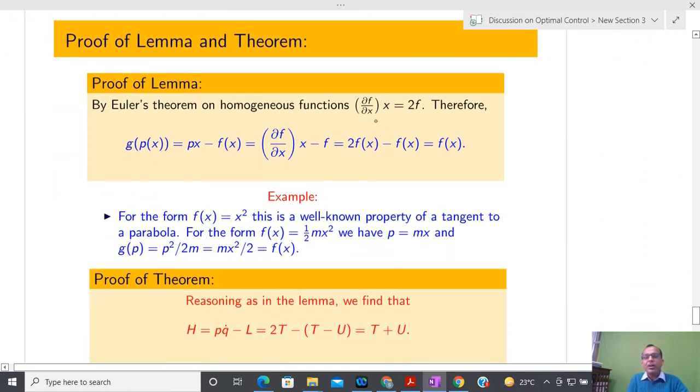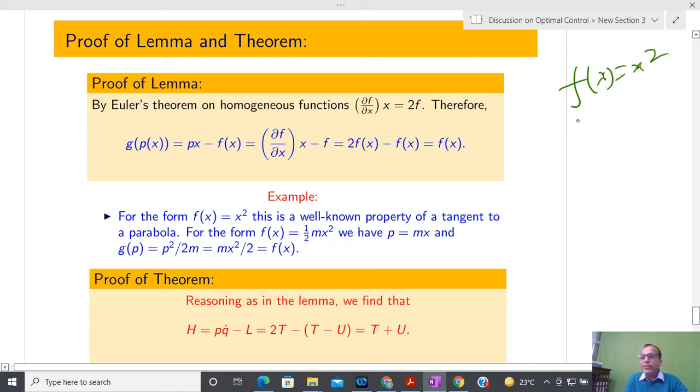Now it is possible to show that f is a homogeneous function. If I have a homogeneous function, and I take the partial derivative and then multiply by the same variable, then I will get 2f. Try to see it like this. Suppose you have the function f(x) equals x square.